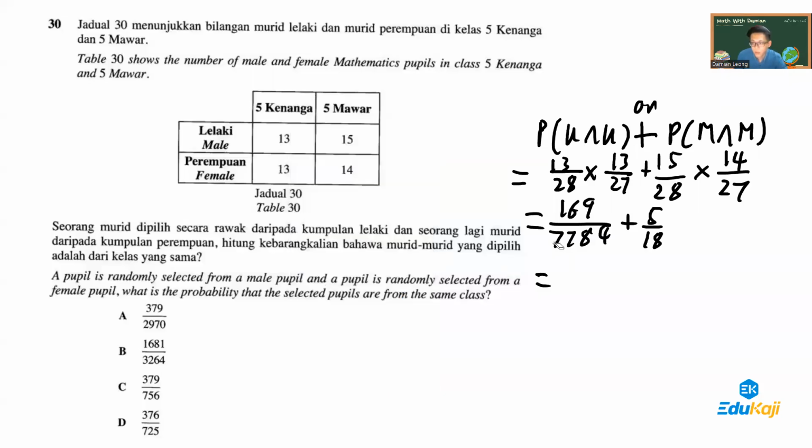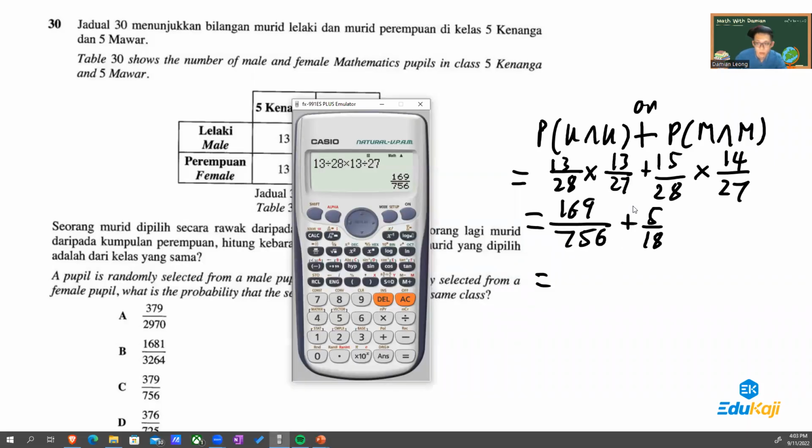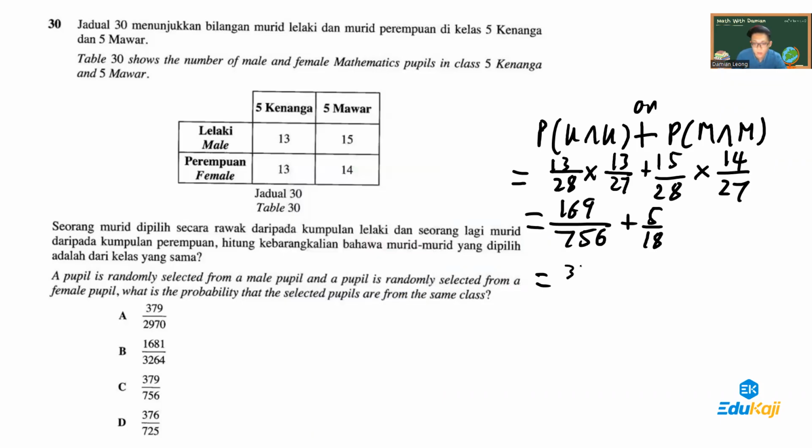Right, keying wrongly here. 756. Yeah, that's why there's something wrong. So 169 over 756 plus 5 over 18. 379 over 756, which is C.